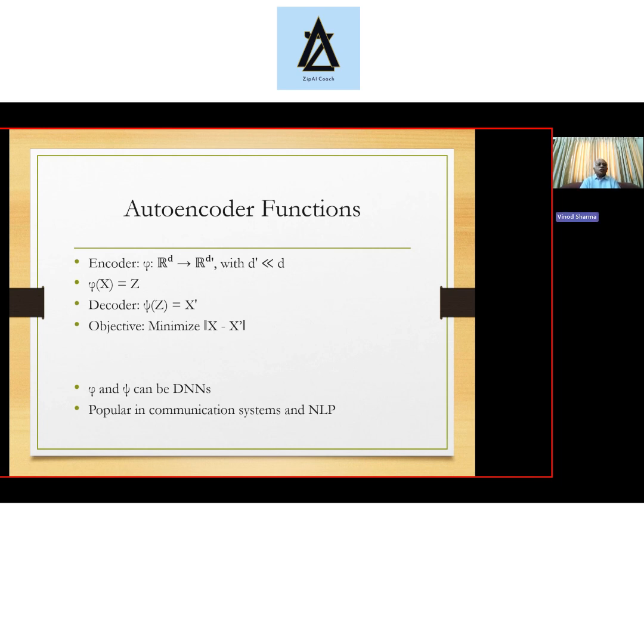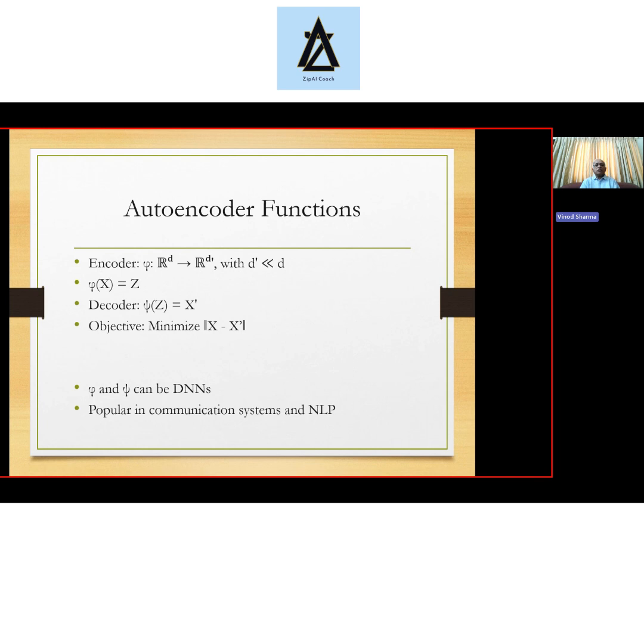Phi and psi, the encoder and decoder, can be, and in this case will be, designed by deep neural networks. So there are two deep neural networks, one designing the encoder, the other designing the decoder. This architecture has become popular in communication systems and natural language processing as well.